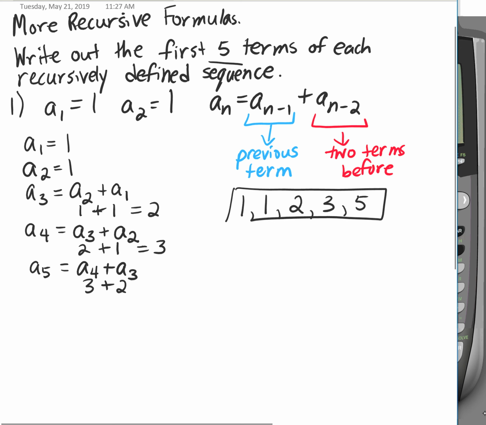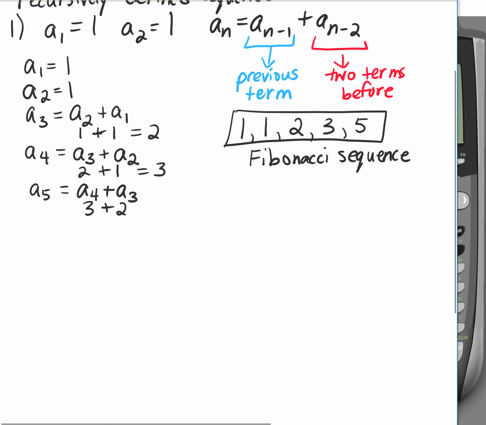I'm not sure if you recognize what this sequence is. This is called the Fibonacci sequence. And in terms of a formula, we really need to define this with the recursive form. So it's easy to generate, not easy to find a term further along in the sequence.